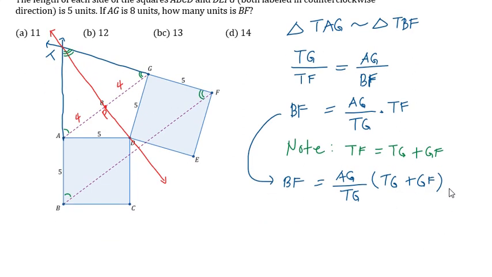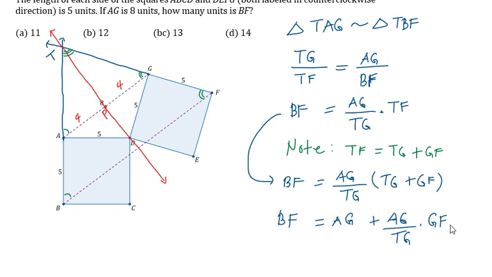Now, if we simplify further, we get BF equals AG plus AG divided by TG times GF.